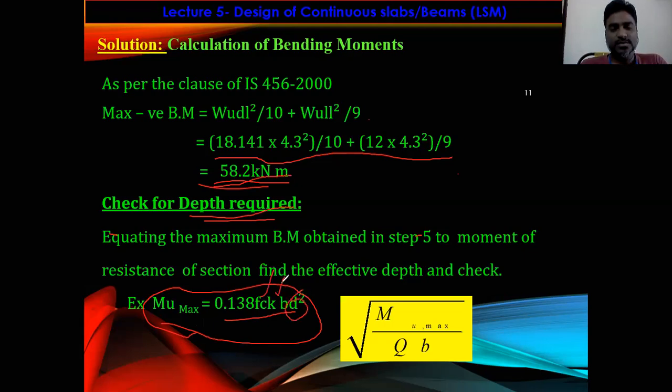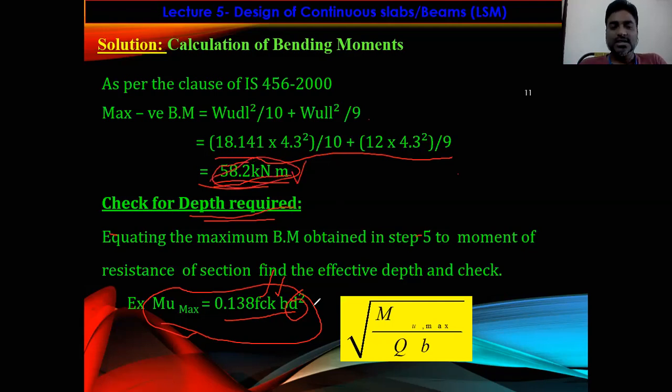Remember, don't substitute whatever effective depth we derived in the first case. Here we are going to calculate the effective depth required to resist this much bending moment, because this is the maximum bending moment.